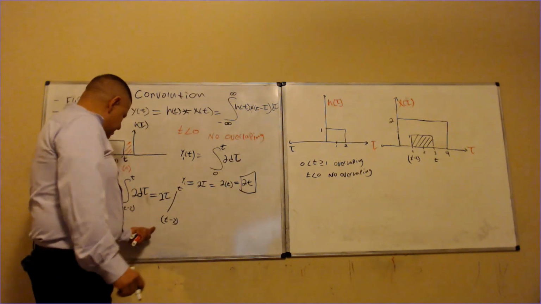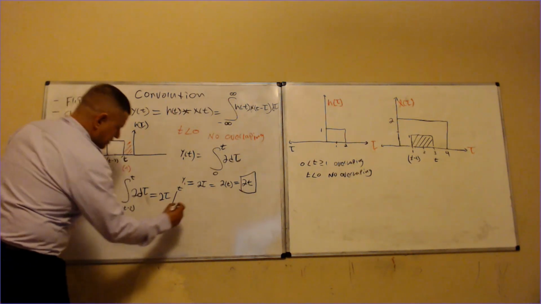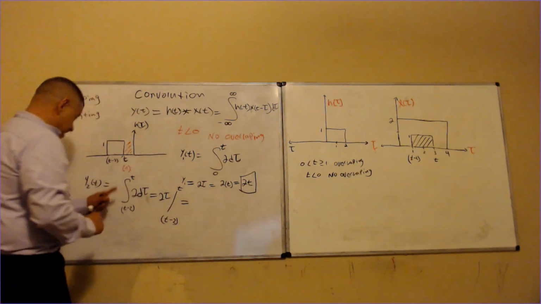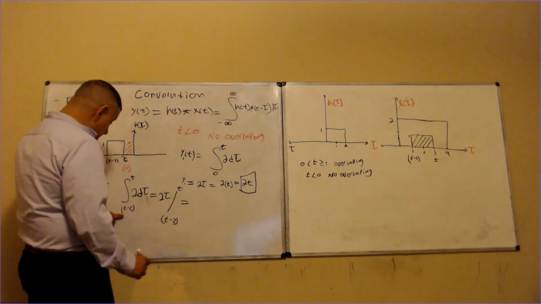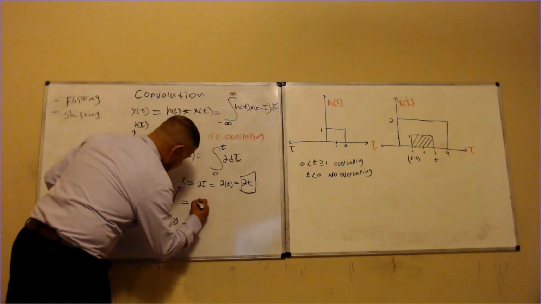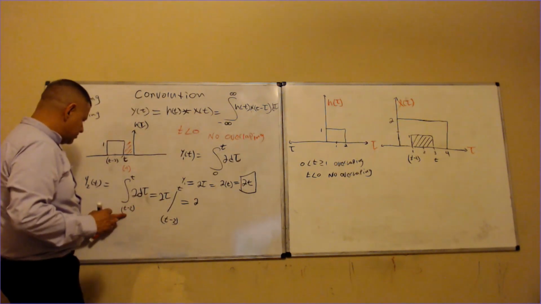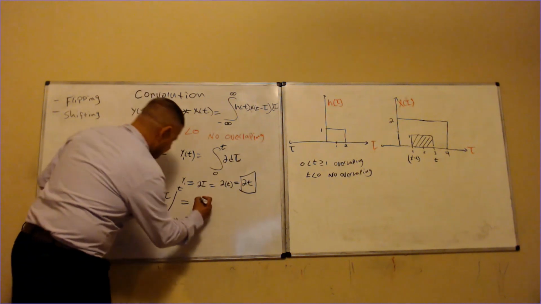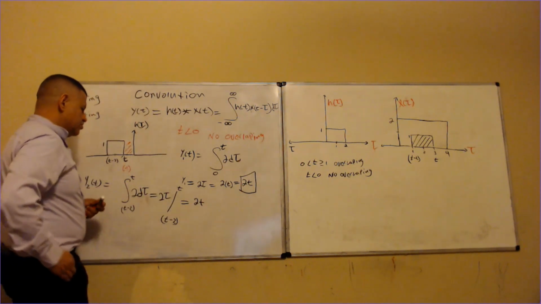When I do that, I see that this is going to be equal to evaluating, plugging t for tau. It's going to be 2t.